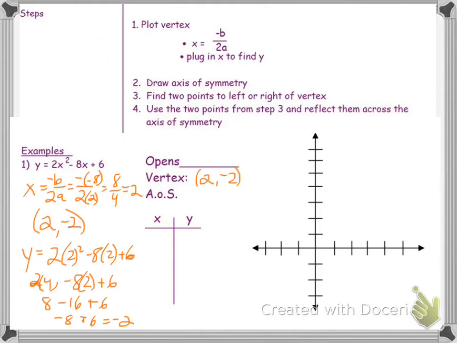And before I did this, I should have said right away which way it opens. It's going to open up because this a term here is positive. The axis of symmetry is x equals positive 2. And to graph it, I'm going to graph my vertex first at 2, negative 2.